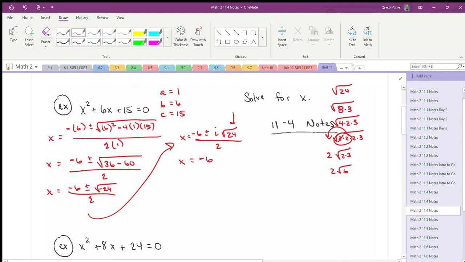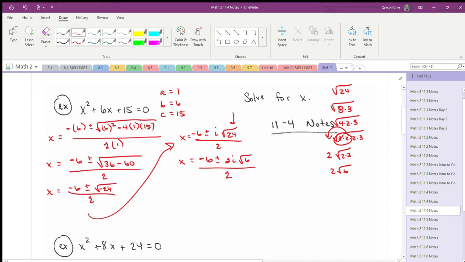So x is equal to negative 6 plus or minus. So 2 came out, there's already an i out there, so I just multiply the 2 together. So it'll be 2i times the square root of 6. It's all divided by 2.